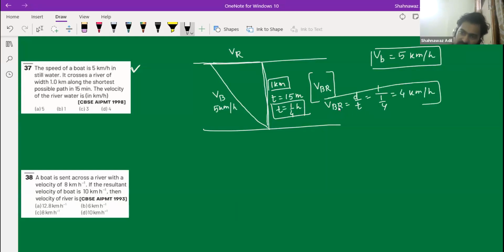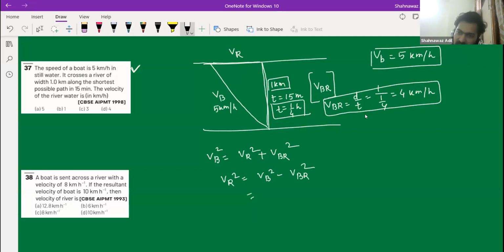So now we have got this thing also, right? VBR, and this thing we also know. We want to calculate VR. VB we know. Using the Pythagoras theorem, VB square is VR square plus VBR square. So if we want to calculate VR, this would be VB square minus VBR square.